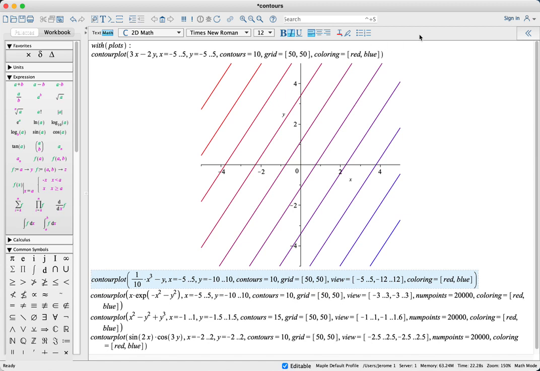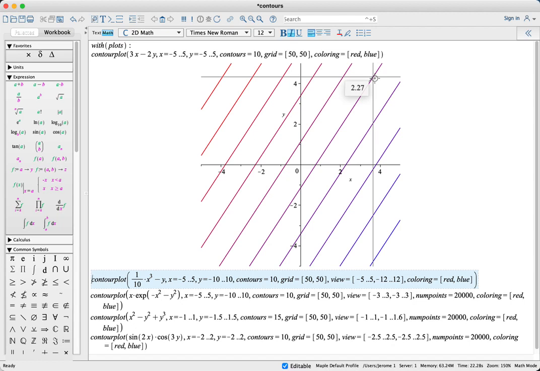Now, what's interesting about Maple is that if I wanted to know what is the value of z that corresponds to any one of these lines, I just have to hover over the line. It snaps and forms this grid, and then it shows you the z value.